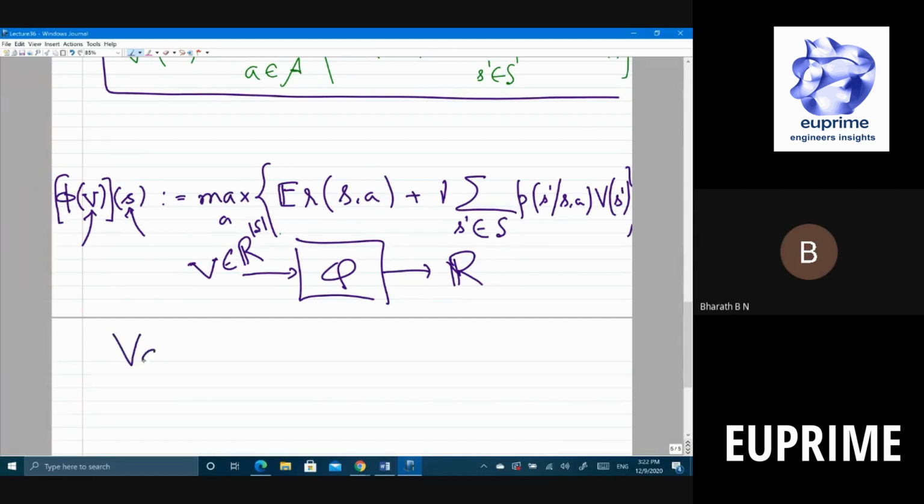We'll prove that this algorithm is good. This leads to an algorithm called value iteration. What does it take? It takes an initial value.